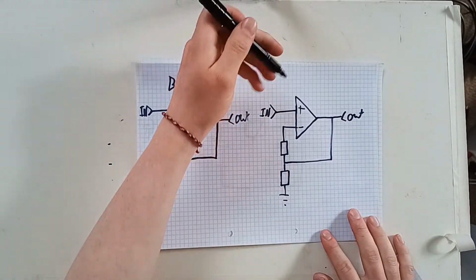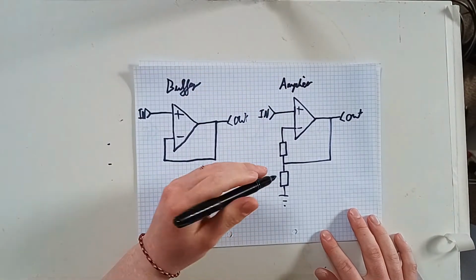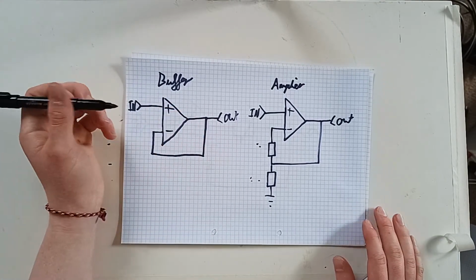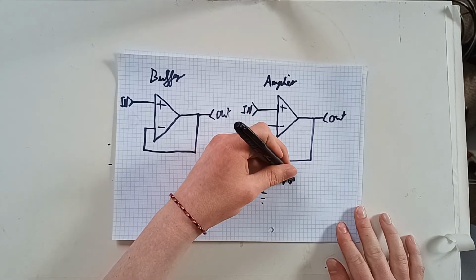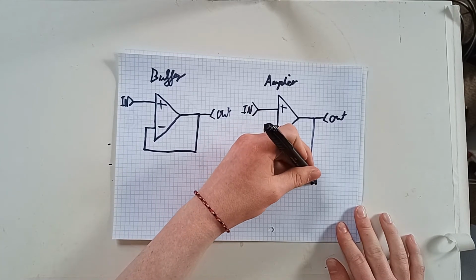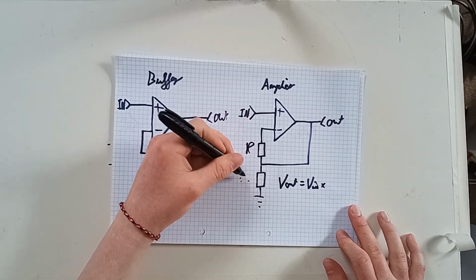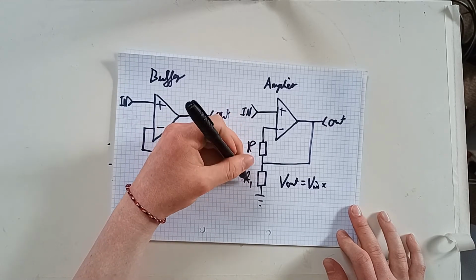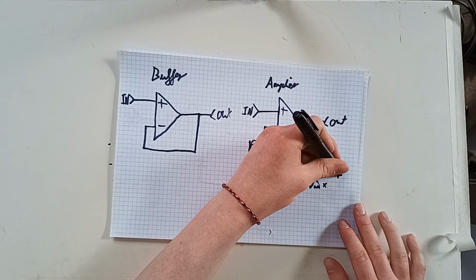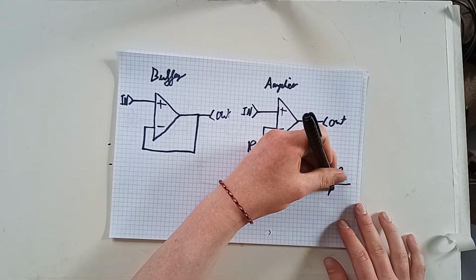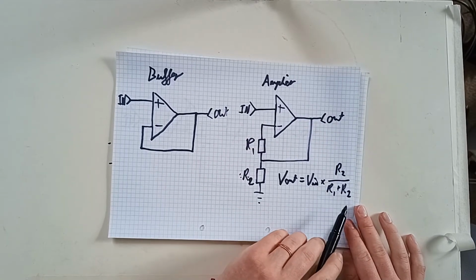Now, the amount that this amplifier actually amplifies your input signal depends on the value of these two resistors. And the way you can calculate that is the voltage out is equal to the voltage in times R2 over R1 plus R2.